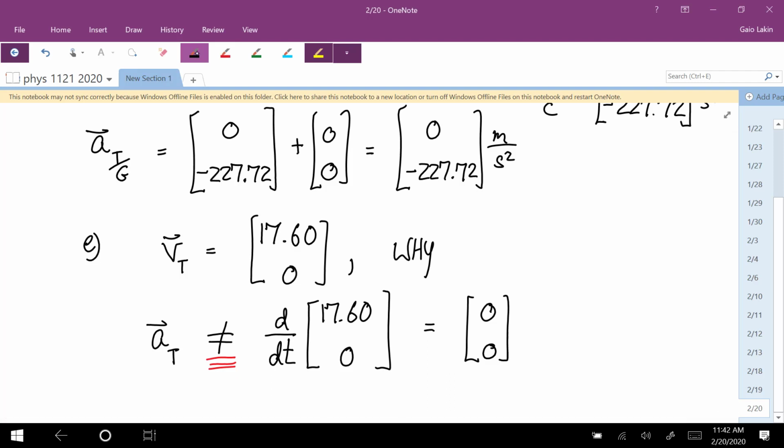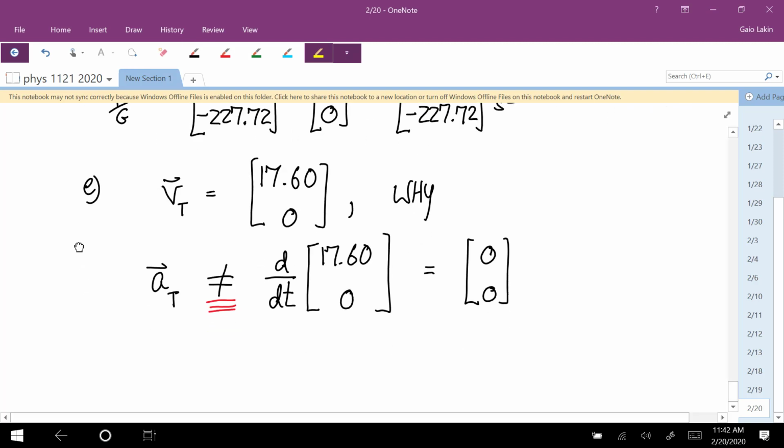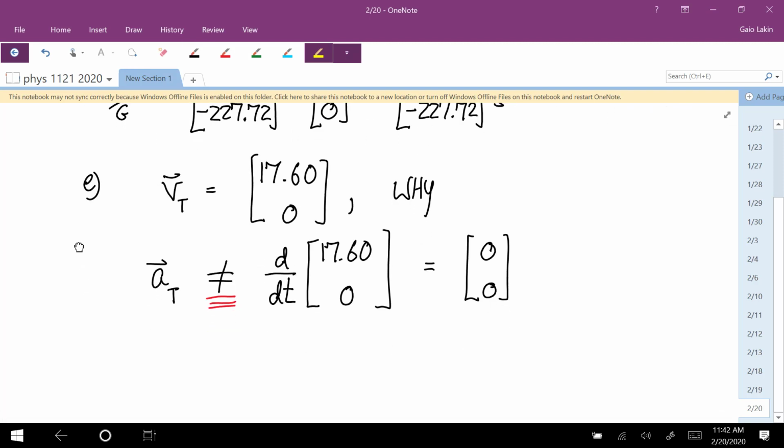And the answer is, and this is something that you always have to keep in mind with these derivative relationships, the derivative relationships only work if you have your position or velocity or acceleration given as functions of time, okay? What we did here was we calculated that velocity of the top point at a single instant, and you can't take a derivative of a single instant.